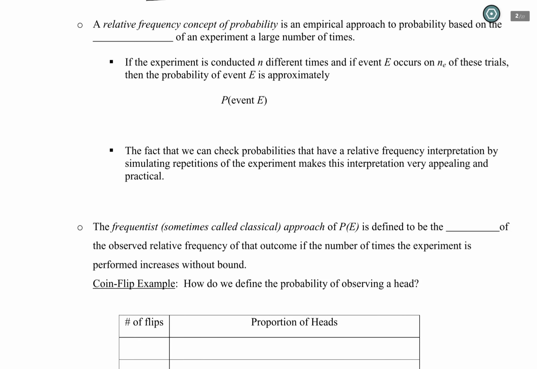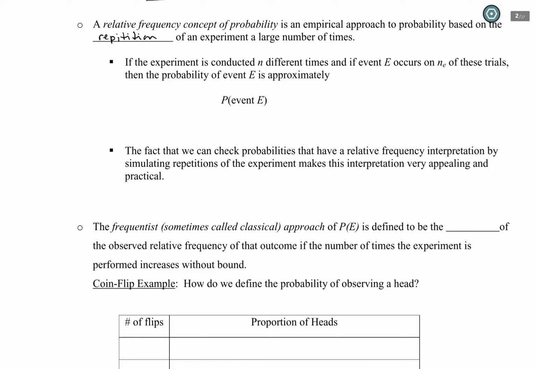Second interpretation, the relative frequency concept of probability, is an empirical approach to probability based on the repetition of an experiment a large number of times.